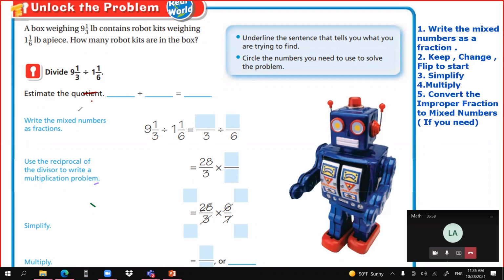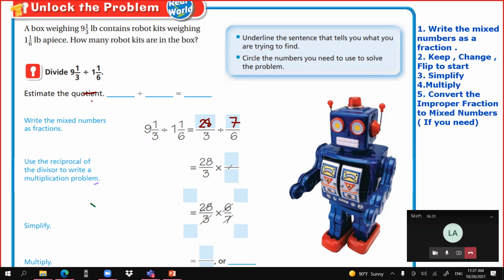What do you have to do first? As I told you, write the mixed numbers as a fraction. 3 times 9, 27, plus 1, 28, over 3, divided by 6 times 1 is 6, plus 1, 7. So it's going to be 7 over 6.